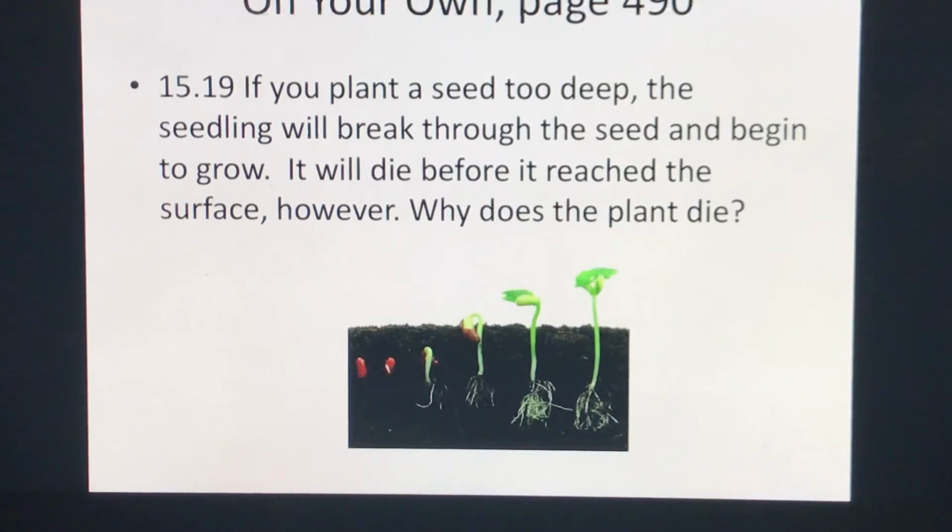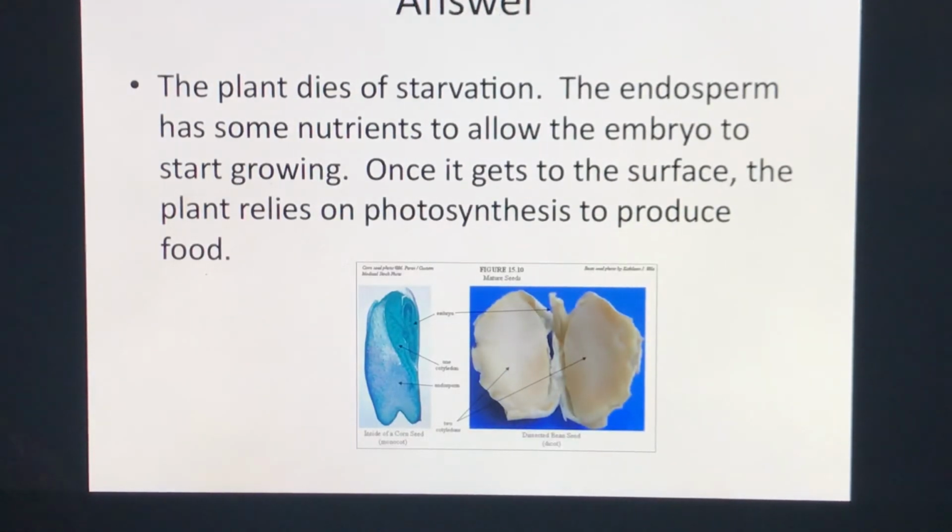All right, on your own, 15-19. If you plant a seed too deep, the seedling will break through the seed and begin to grow, but it will die before it reaches the surface. Why does the plant die? Well, that is because it more or less dies of starvation, because the endosperm has some nutrients to allow the embryo to start growing.